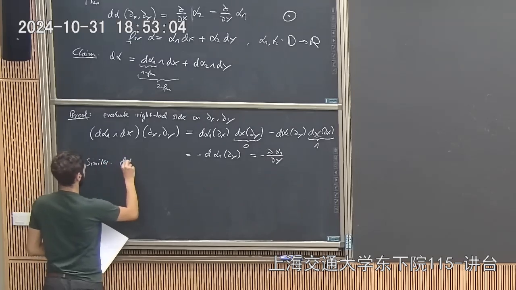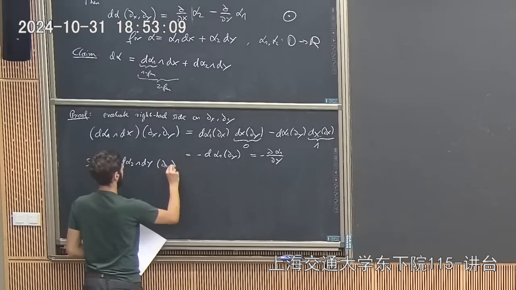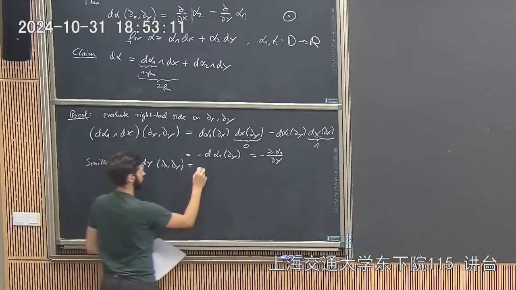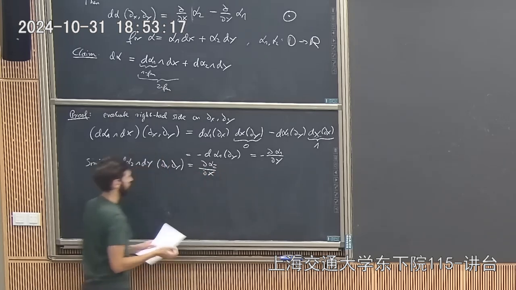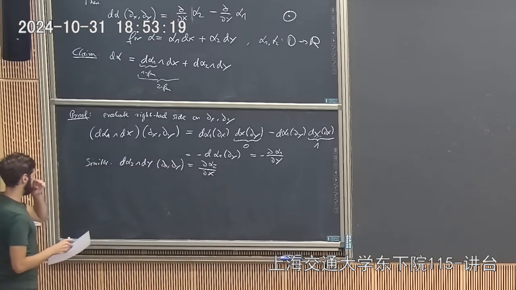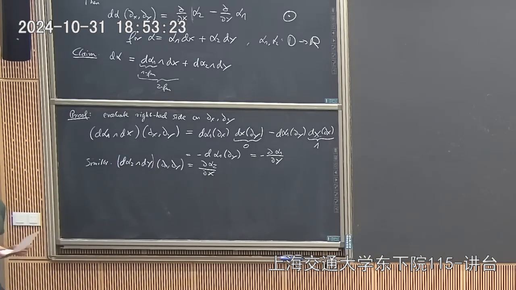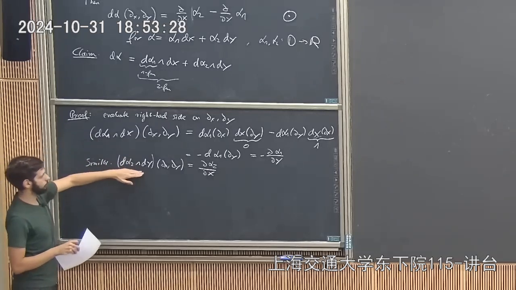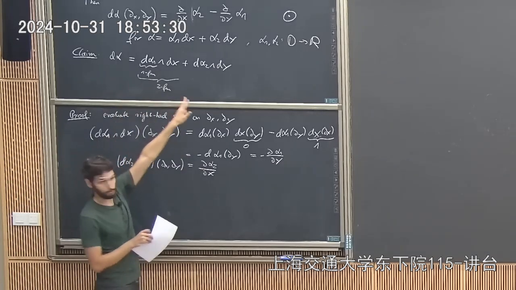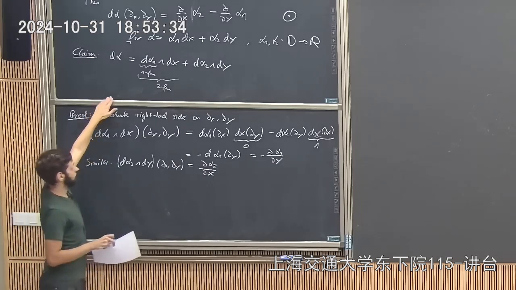Similar, d alpha 2 wedge dy evaluated on dx and dy equals d alpha 2 evaluated on dx. So I would recommend that you do this little calculation at home. So what we get in summary, if you add both of these terms, is exactly our original right-hand side. So that proves our claim.